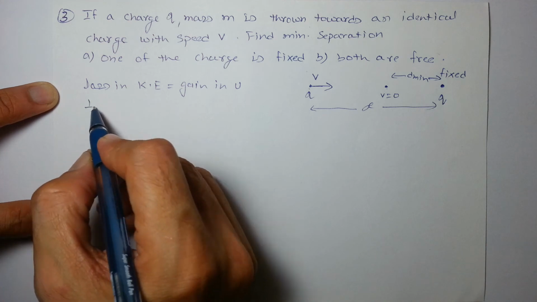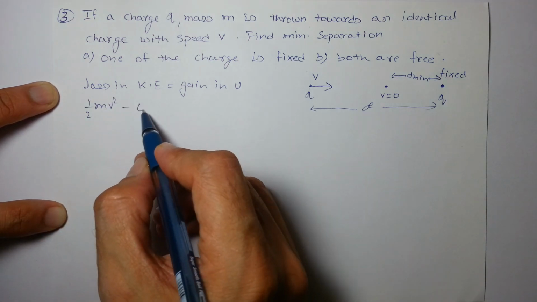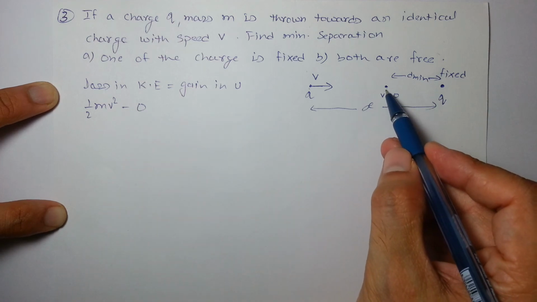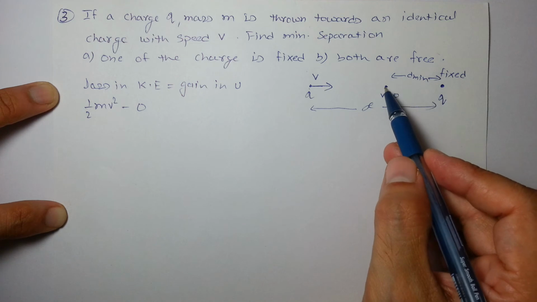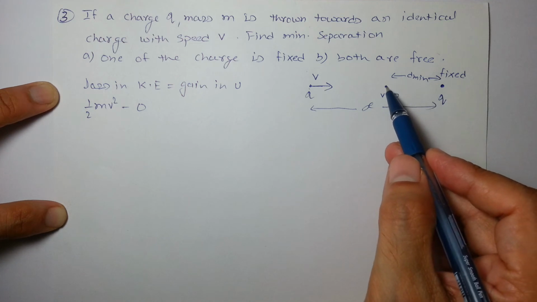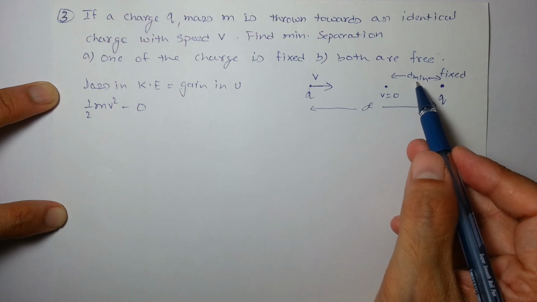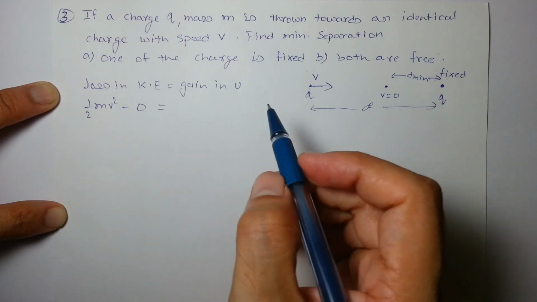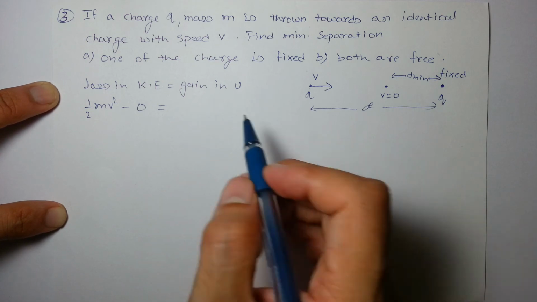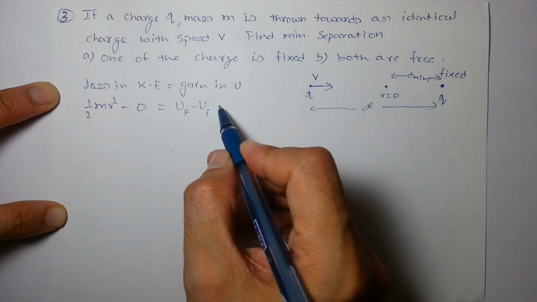How much loss? This much, half mv square minus 0, because the final energy is 0. It has stopped. Only then the distance will be minimum. If it moves further, the distance will no more be d minimum. So half mv square minus 0 is this, and gain in potential energy will be simply U final minus U initial.